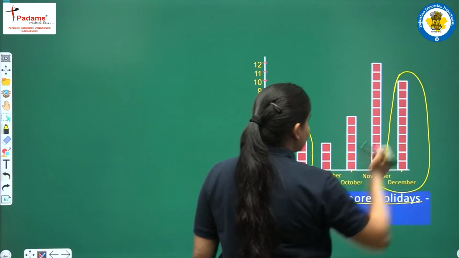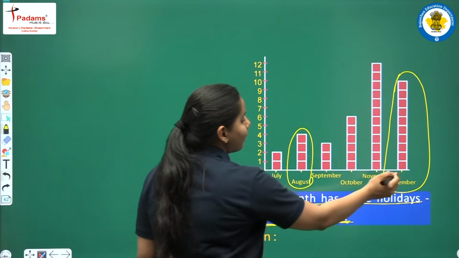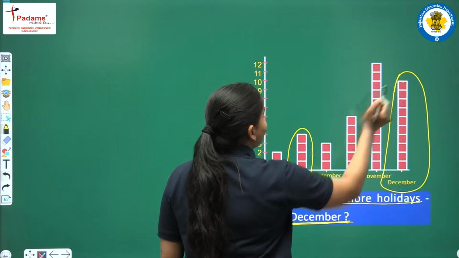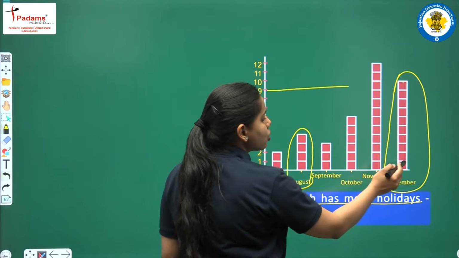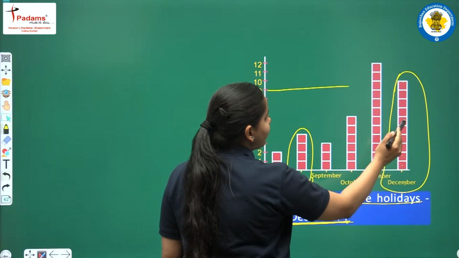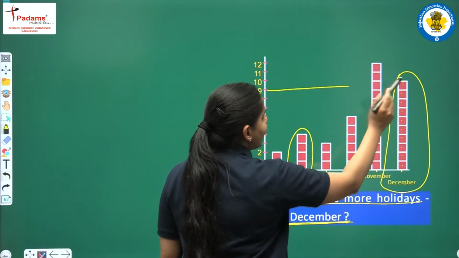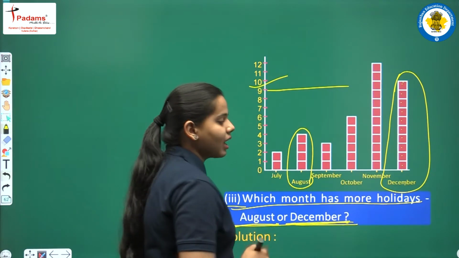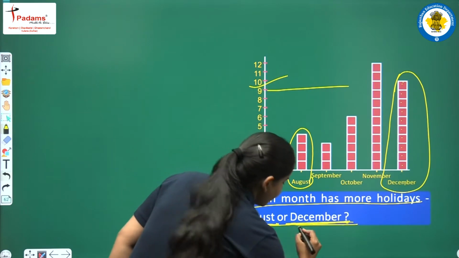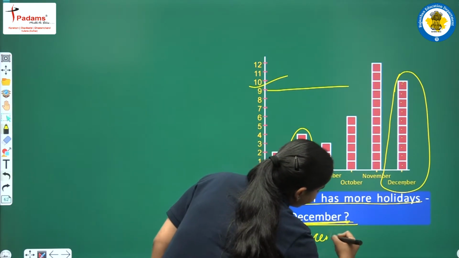So we can easily see सबसे ज़्यादा किसका है यहाँ पर? December का है. December का ग्राफ बढ़ा जा रहा है. You can count and directly see also 1, 2, 3, 4, 5, 6, 7, 8, 9 and 10. Okay children. So here we can see that December month has more holidays. So here we will write down December.